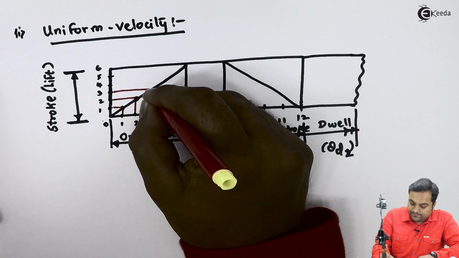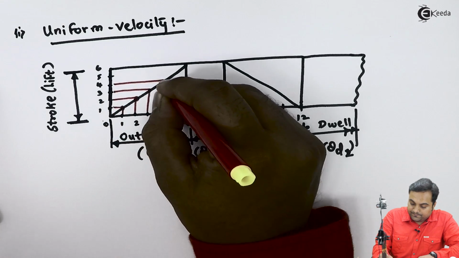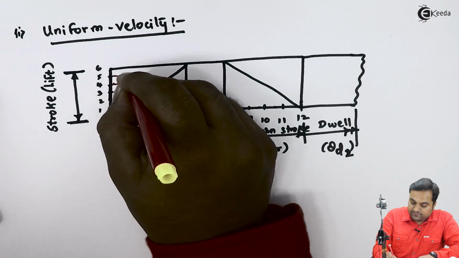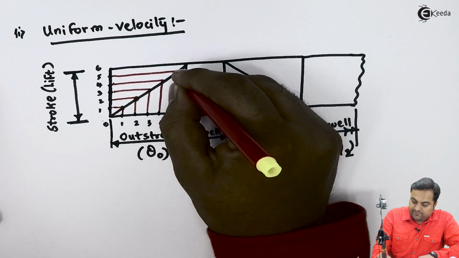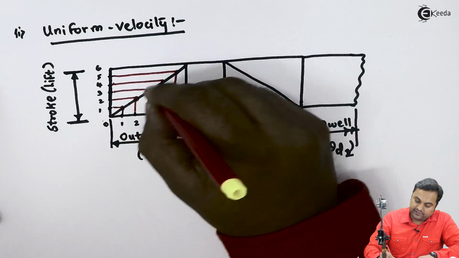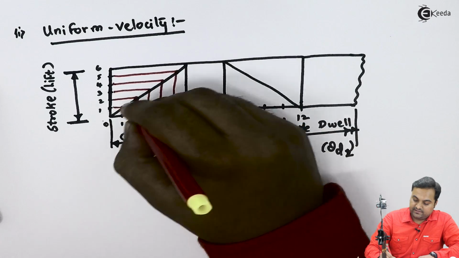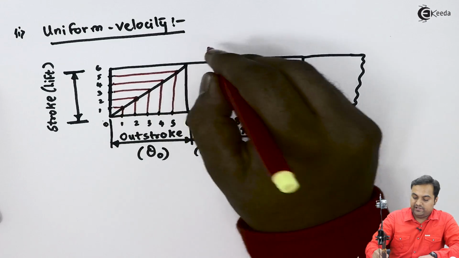Third division, fourth division, fifth, and when we join all these points, we get an inclined line, and this inclined line indicates the motion of the follower, that is, the follower is moving up.